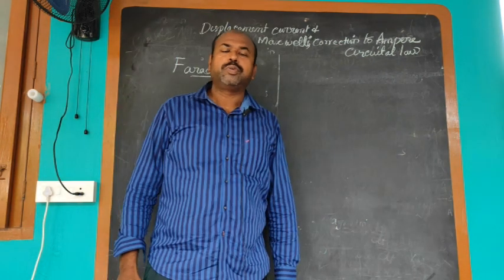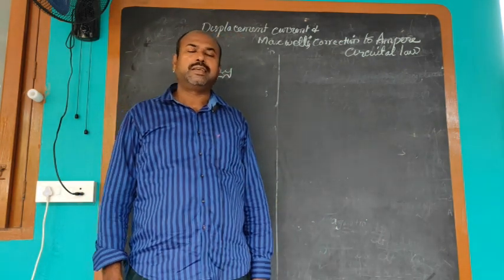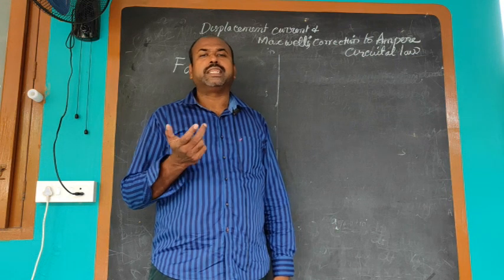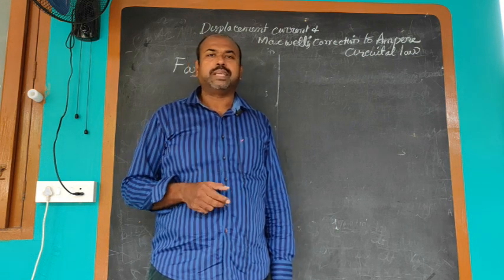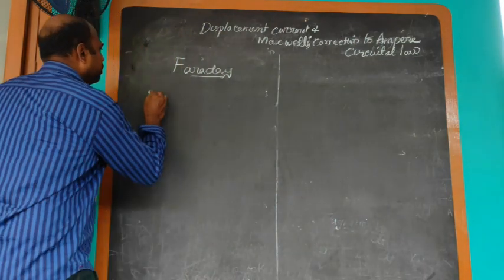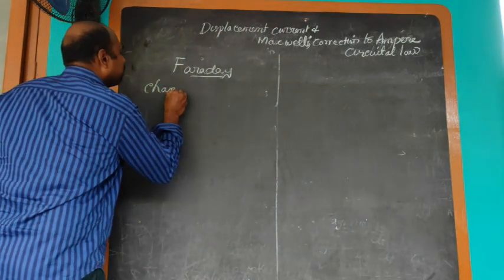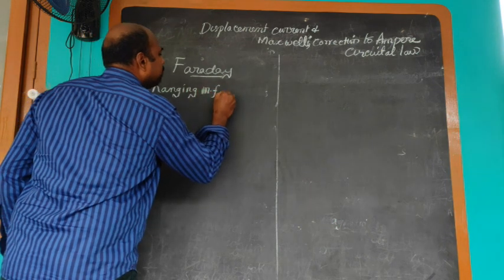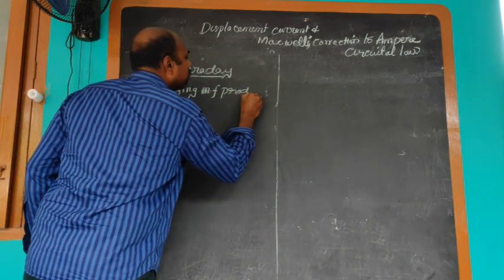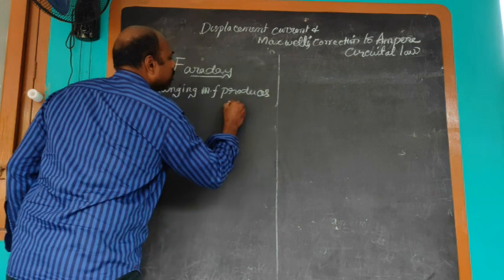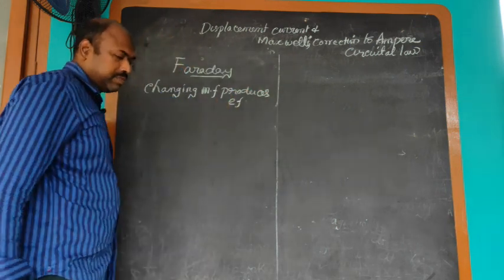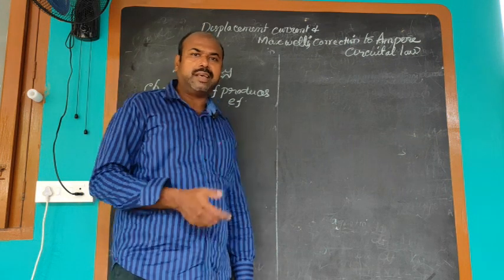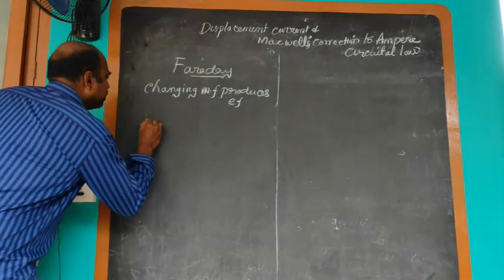I hope you already studied Faraday's law. The changing magnetic field produces electric field. That is said by Faraday. So also I would like to write the mathematical representation for Faraday's law.